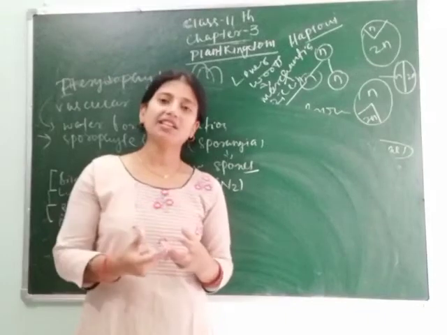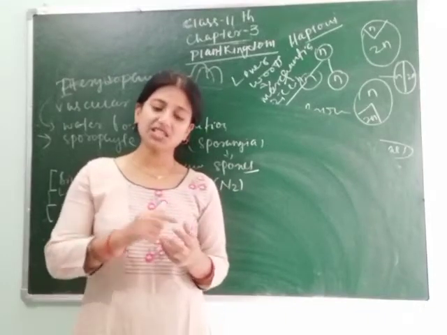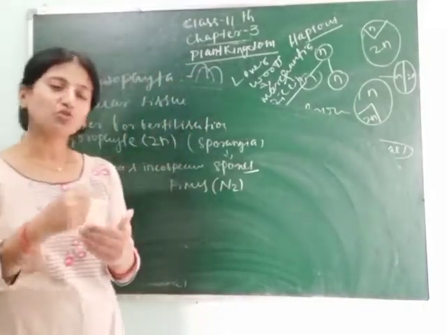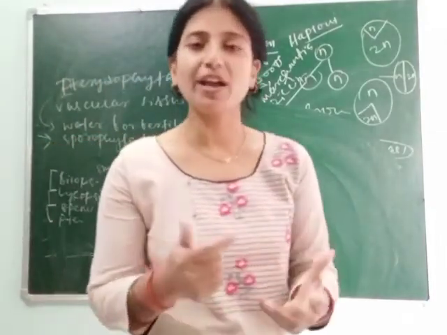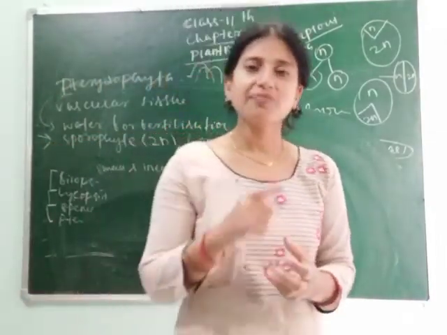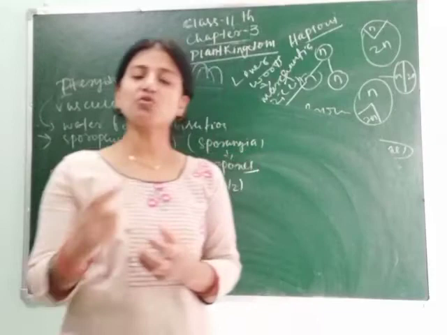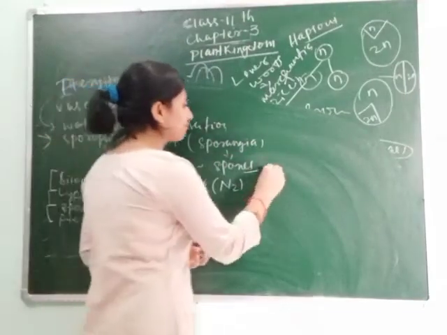It shows alternation of generation, from gametophytic phase to sporophytic phase and sporophytic to gametophytic phase. It means the species of angiosperms show a diplontic life cycle.